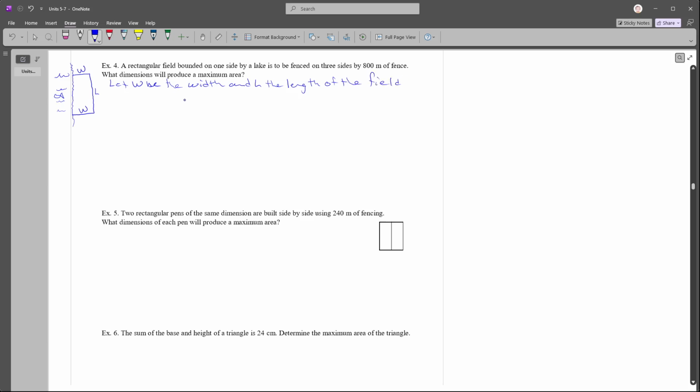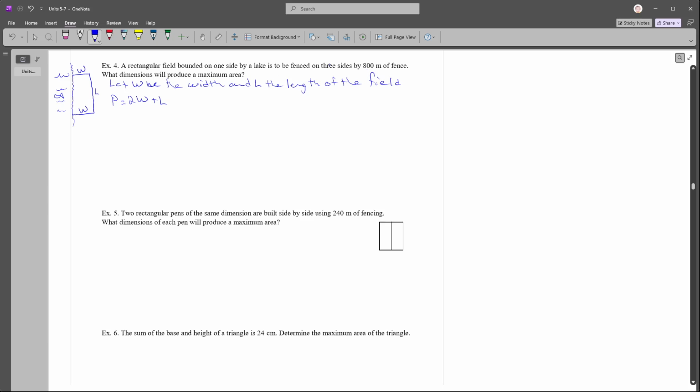So we have our unknowns. Now let's create what equations we can. Well, our perimeter, we don't need the whole perimeter this time. We only need partial of the perimeter. Our perimeter is no longer 2 widths plus 2 lengths, because we only need 1 length. So our perimeter is actually just going to be equal to 2 widths plus 1 length.